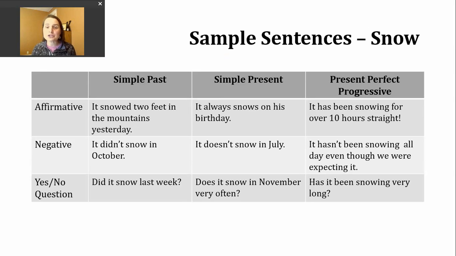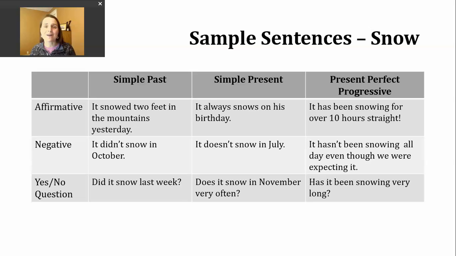So what you're going to notice in a lot of my example sentences here is my subject is going to be it. And I think this is the most common way you're going to see this verb used. So it is referring to the weather, right? The weather that is responsible for this action.